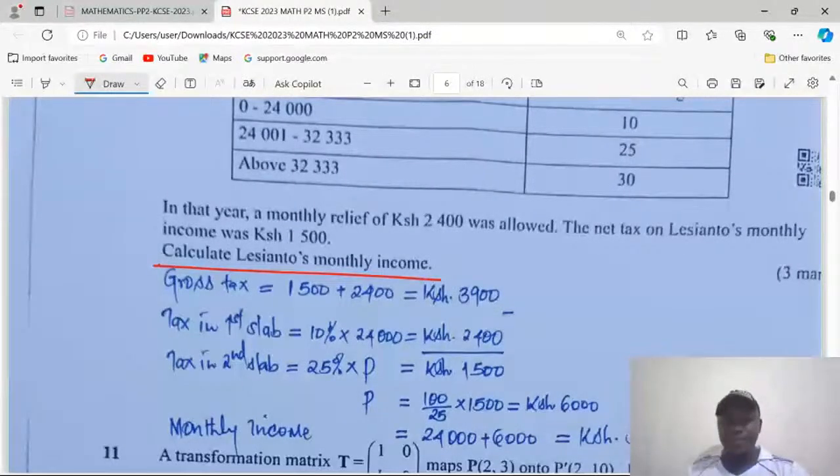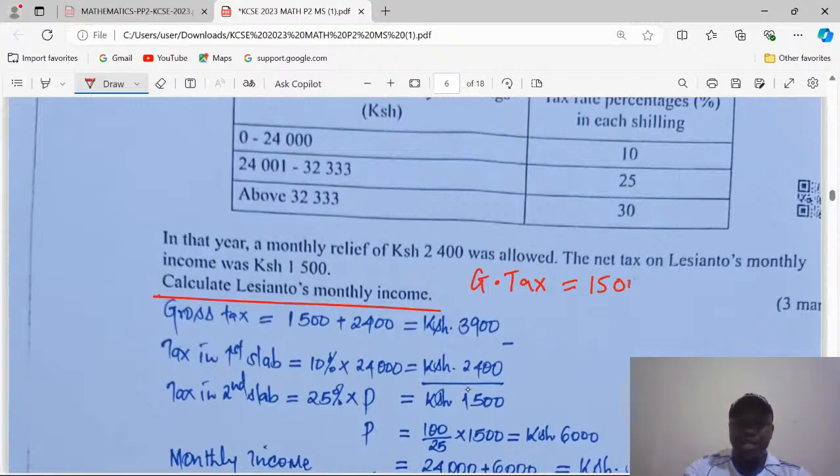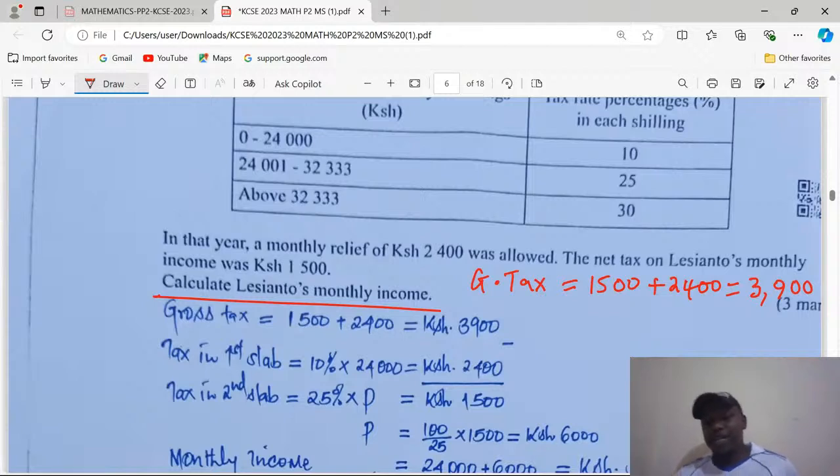You need to know that because we are given the relief and also the net tax, we can start by calculating gross tax. For us to get gross tax, we take the net tax of 1,500 and we add the relief back, so that the expected total tax or gross tax would have been 3,900, only that there was a relief.